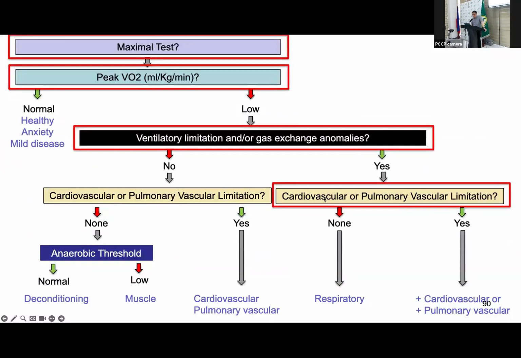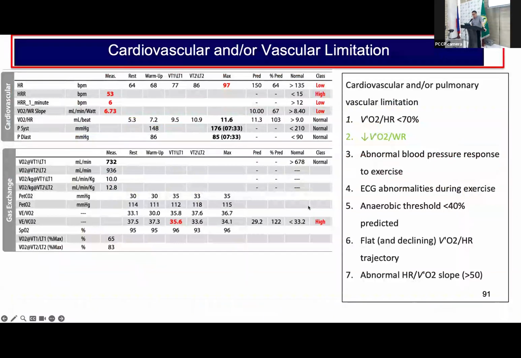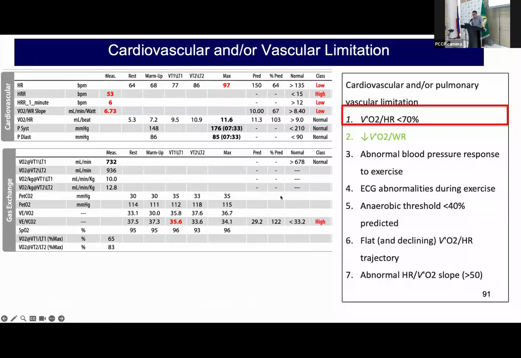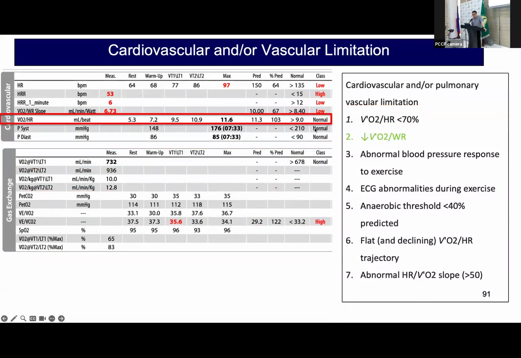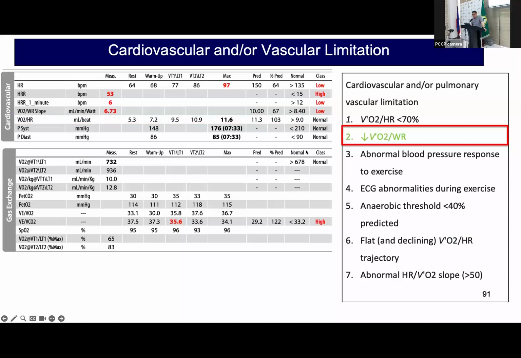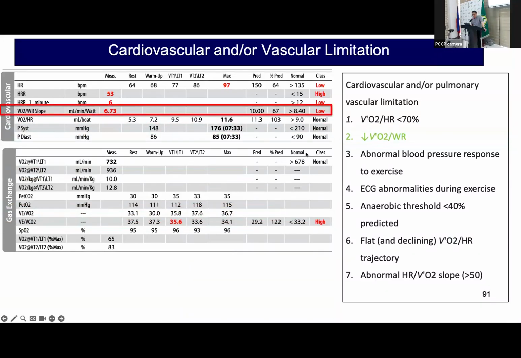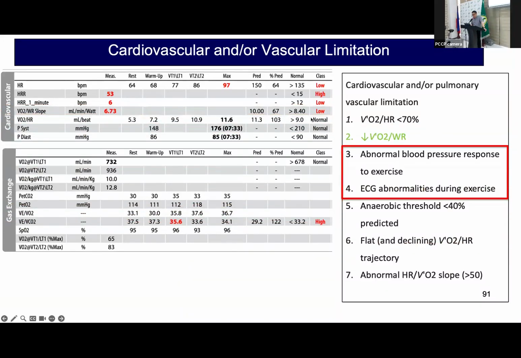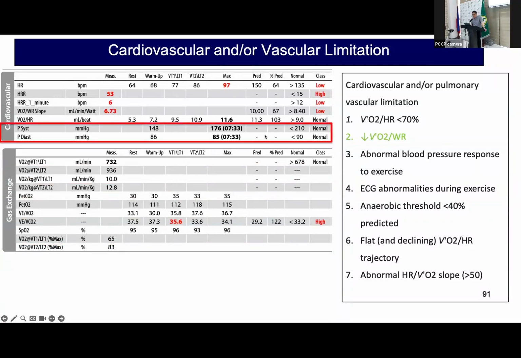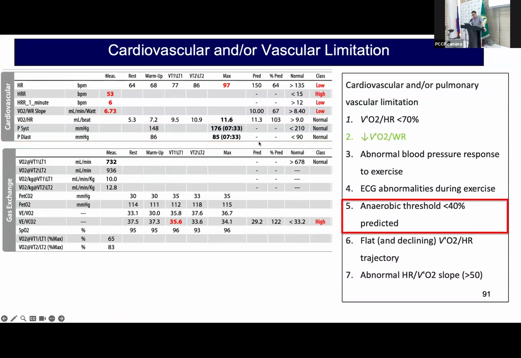So you have to rule out cardiovascular or pulmonary vascular limitation. Okay, so we take a look at the VO2 heart rate. It's normal. We take a look at the VO2 over work rate. It is low. We take a look at the blood pressure and the ECG abnormalities. The blood pressure is normal. The ECG is also normal. We look at the anaerobic threshold.